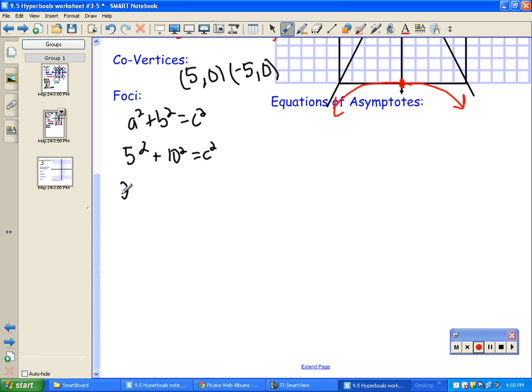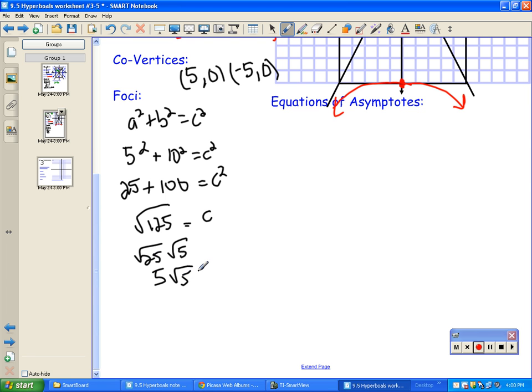So 5 squared is 25, 10 squared is 100. So c is the square root of 125. Okay, this will simplify. 125 is 25 times 5. So the square root of 25 is 5. So it's 5 root 5 is the exact answer.